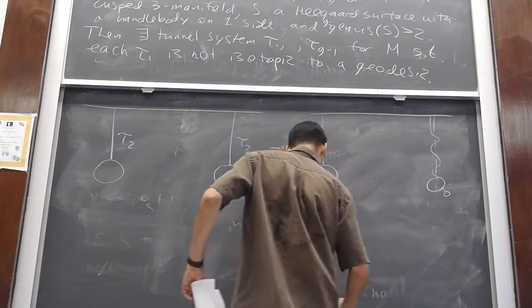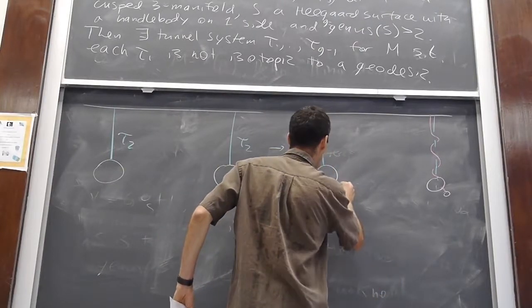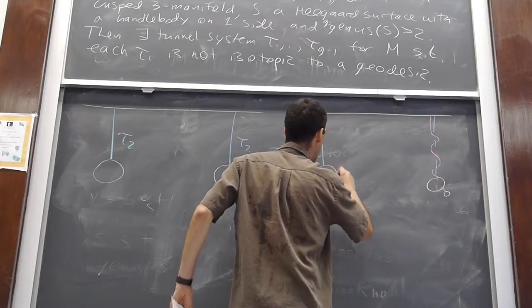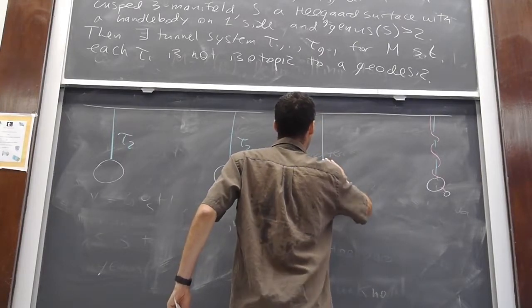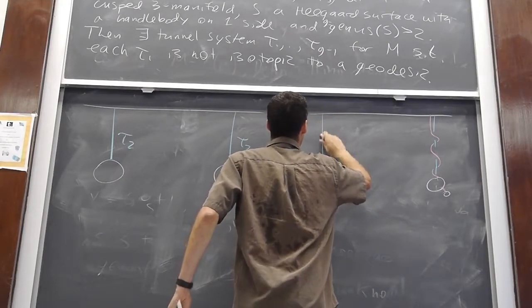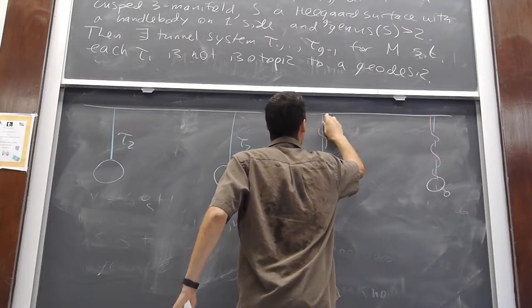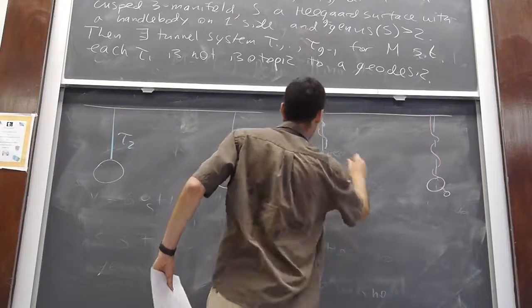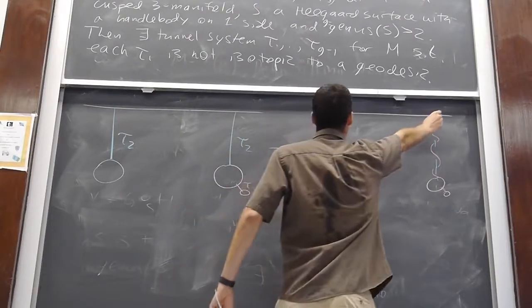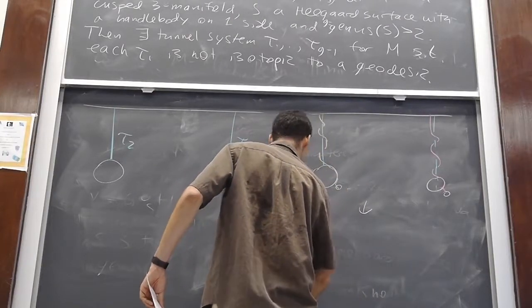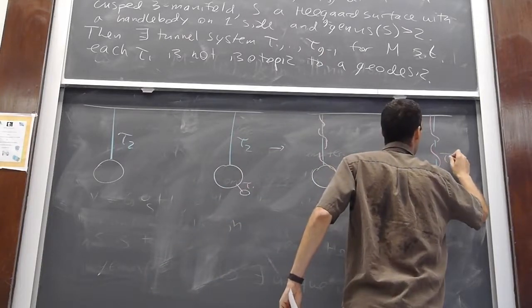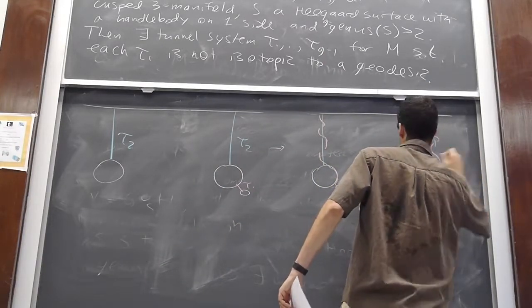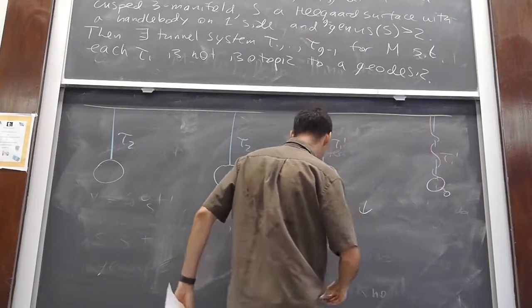I'm drawing this in a different color only to indicate a slightly different lift, but hopefully brown looks sufficiently similar. And then I'm going to take this, so this is tau 1 prime, and this is also another lift of tau 1 prime.